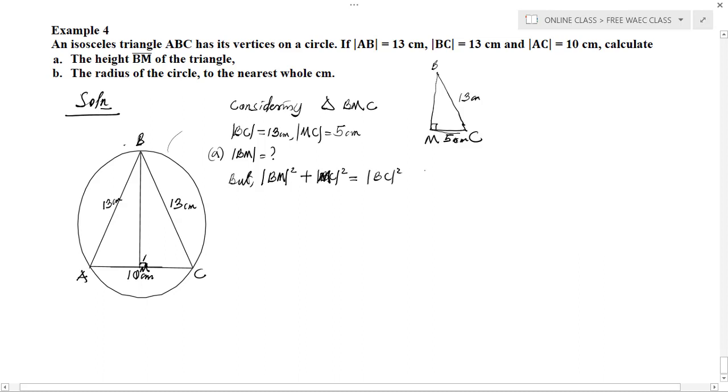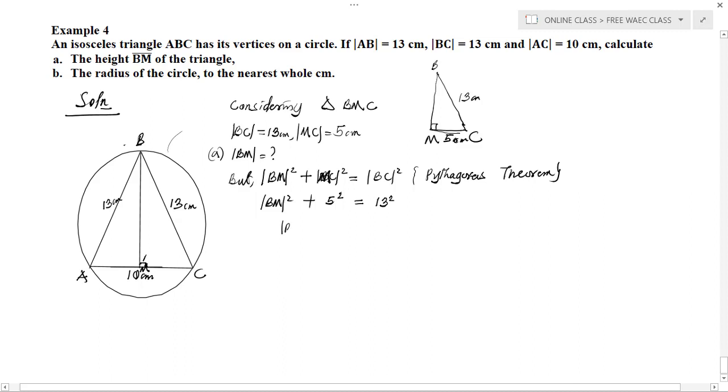BC squared is equal to BM squared plus MC squared, from Pythagoras theorem. So this BM is unknown, plus MC is 5, so MC squared will be 5 squared. BC squared now we have 13 squared.